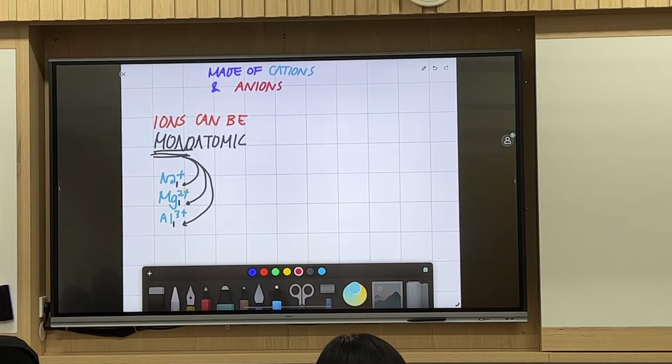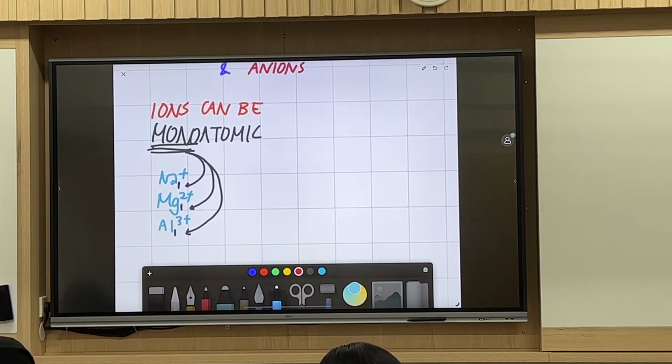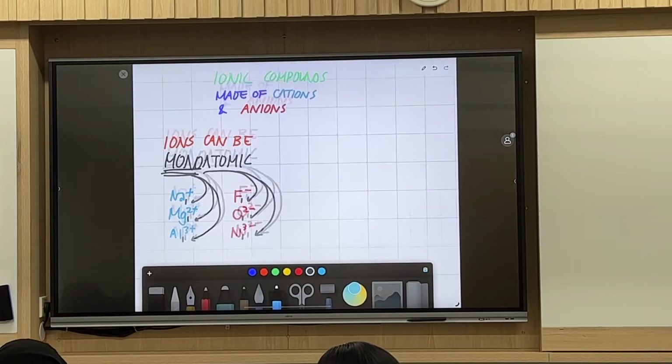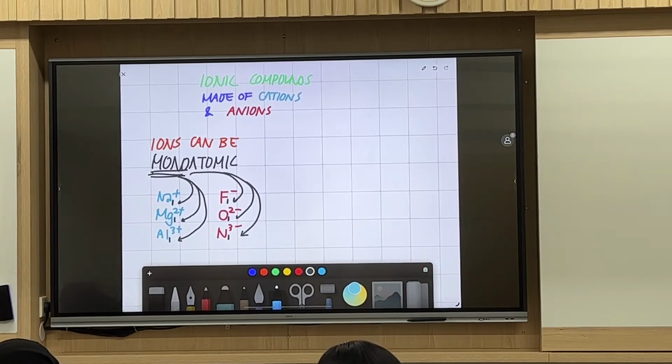It can also be anions, when you talk about monoatomic ions like F-, O2-, and N3-. In these three cases, you have a number one that is not shown. So this would indicate that it is a monoatomic ion. So this is the first class of ions, monoatomic ions.